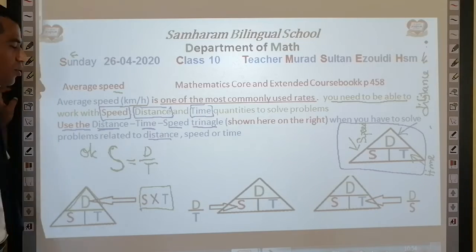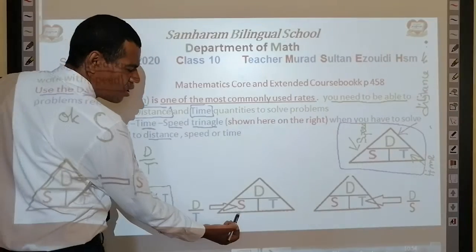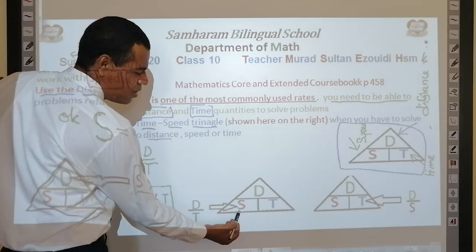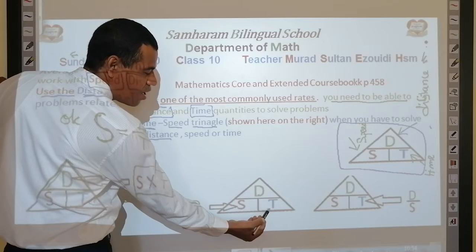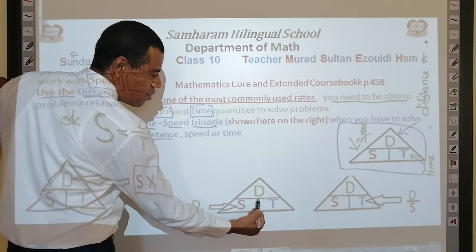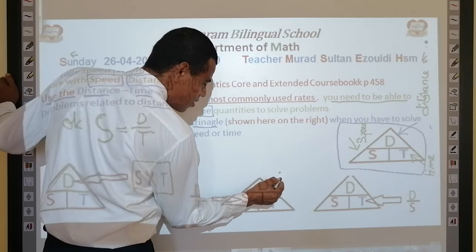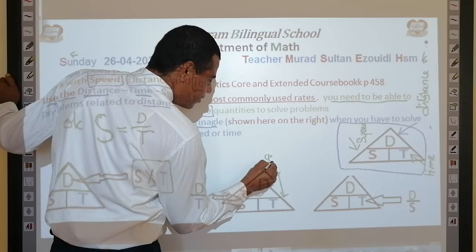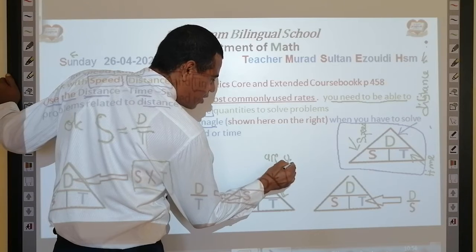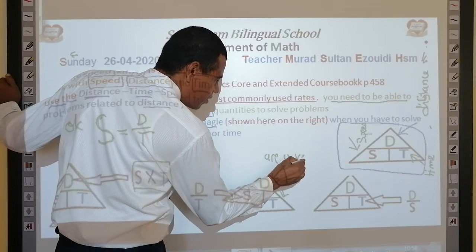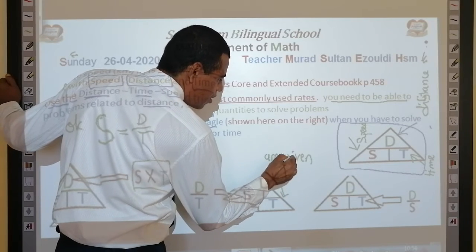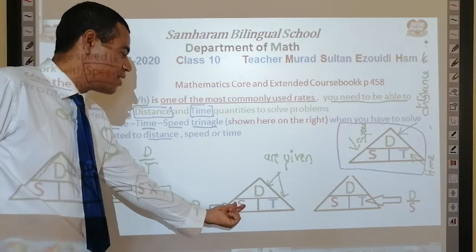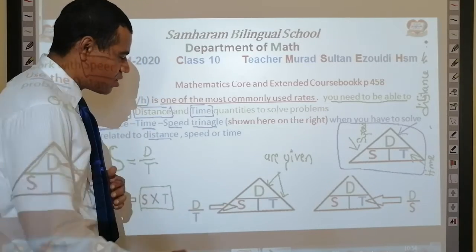Now, if you want to work out the speed, the distance and the time are given, both variables t and d are given. So S equals what, my learners?